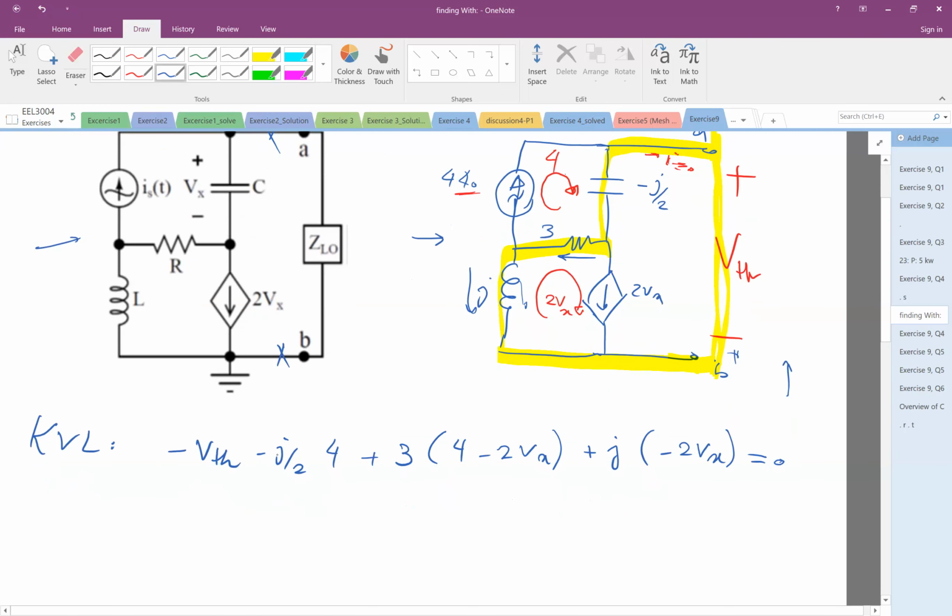Okay, very good. Everything is good except Vx. I need to get the Vx, but Vx was here, right? So Vx is negative j over 2 times the 4, so negative 2j.